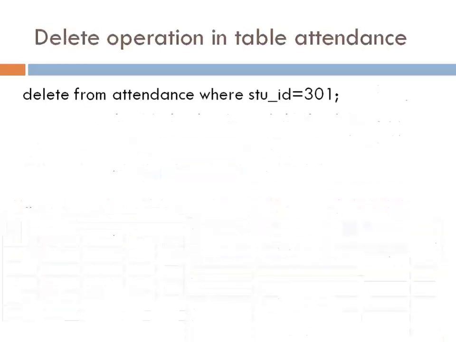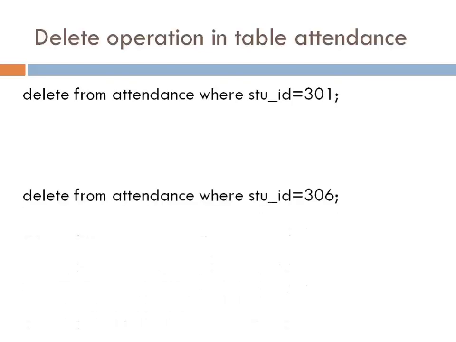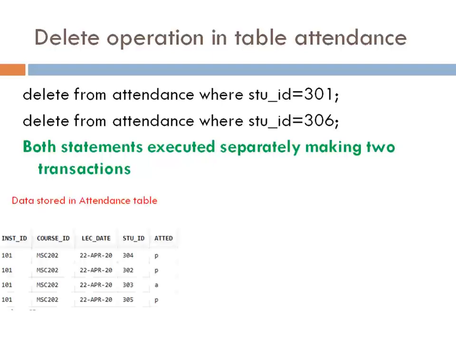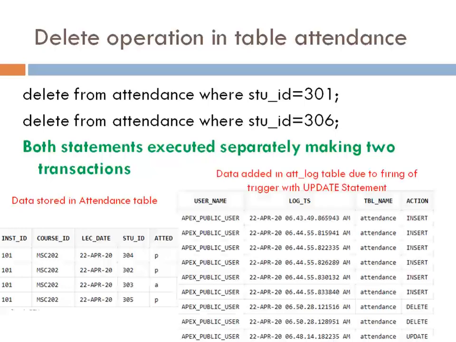And similarly, the delete operation in the table attendance. These are the delete operations I have done. 2 delete commands, these are done separately, so there will be 2 transactions for it. Delete for 301 and 306, this is the table where I have deleted the 301 and 306 rows, and this is how the log will be updated. You can see the insertion is taking place in the log table because of the trigger.